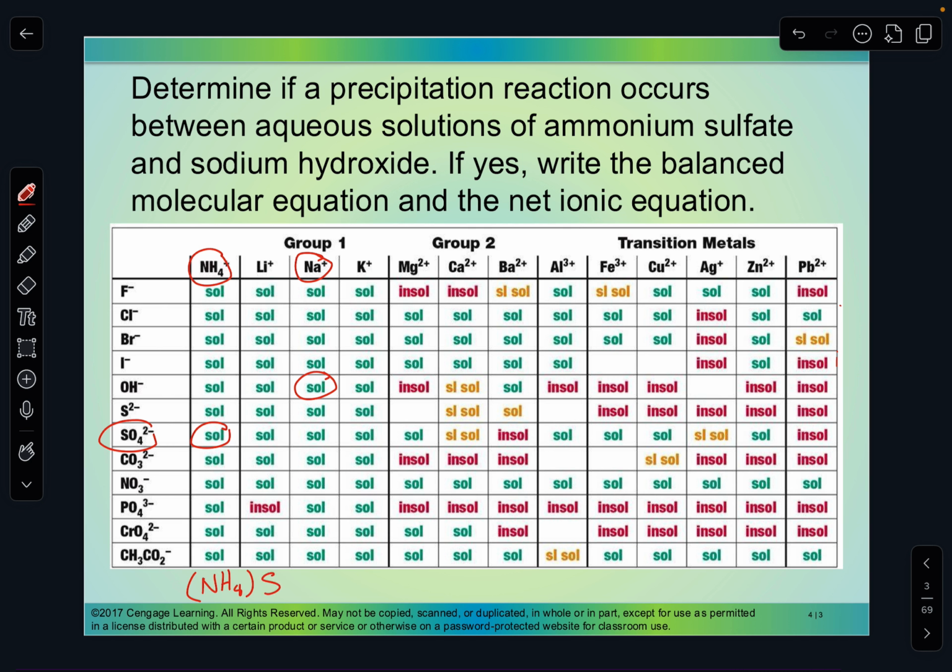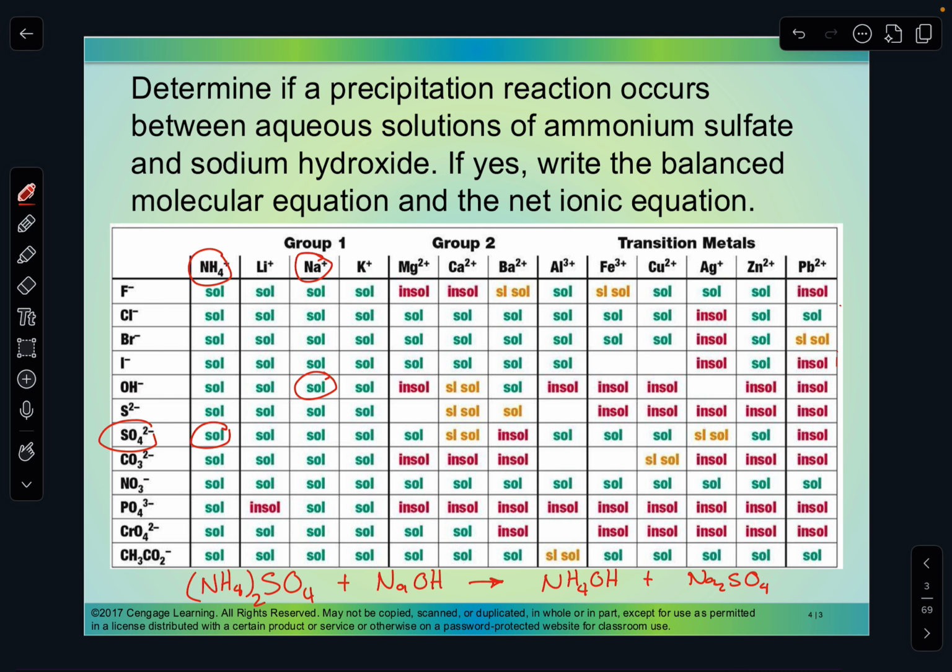It's a +1 charge, so that's SO4, and then we'll put a 2 right there, plus NaOH goes to... All right, so if we do a double replacement reaction, we will get NH4OH plus Na2SO4.